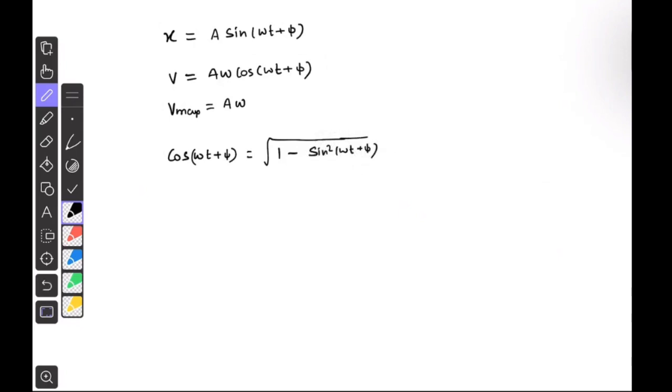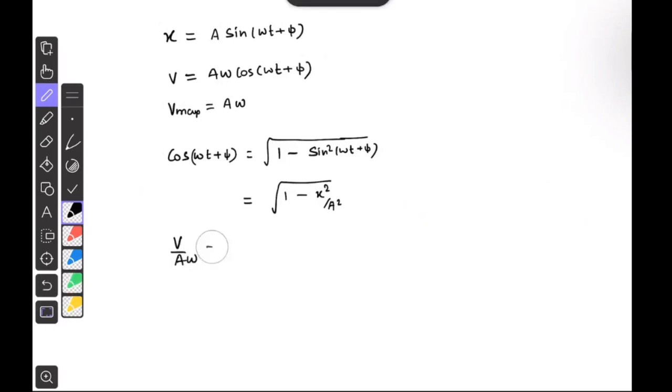And sine omega t plus phi is nothing but our x by A. So it's going to become root over 1 minus x square by A square, correct? And what really is our v by A omega?